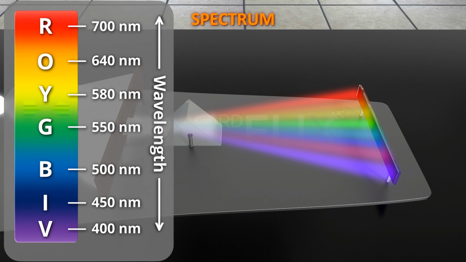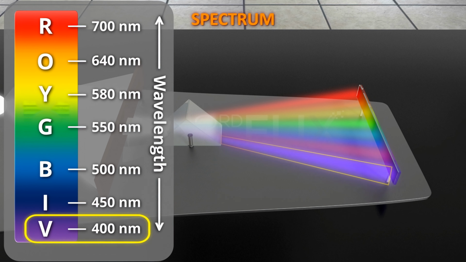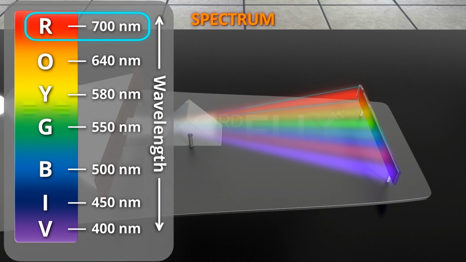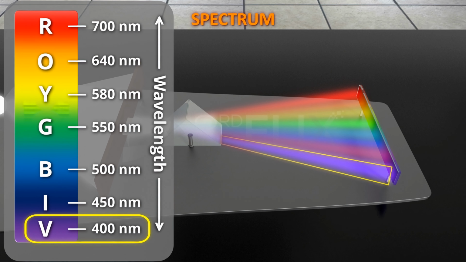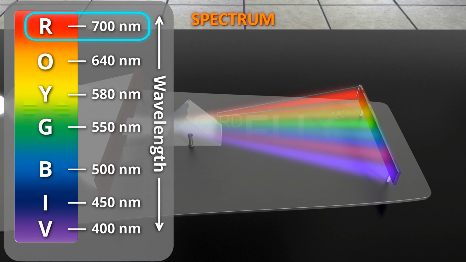It is observed that in a spectrum, the radiation with lower wavelength bends more than those with higher wavelength. That's why we see violet, which has a lower wavelength of 400 nanometers, at the bottom of the spectrum, and red with a higher wavelength of 700 nanometers at the top of the spectrum.